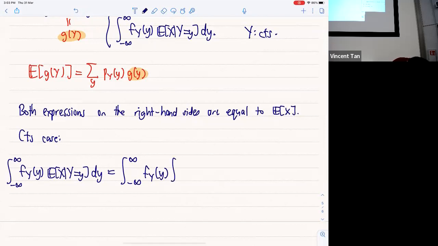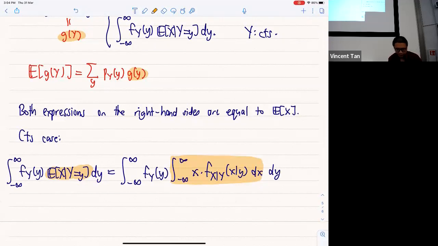This expectation is nothing but the integral of x times f of x given y, dx, dy. This part here is the conditional expectation. We are writing it out in its full form, integrating over the conditional PDF of x given that y is equal to little y. This comes from the previous formula, and I will not belabor the point.